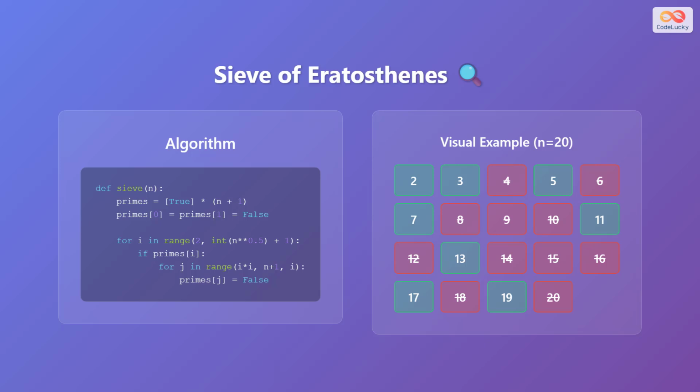Next, for each number i from 2 to the integer part of the square root of n plus 1, if primes at i is true, then for each j in the range from i times i to n plus 1 with the step size of i, we set primes at index j to false because it is divisible by i. A visual example: when n equals 20, 2, 3, 5, 7, 11, 13, 17, and 19 are prime and all other numbers are crossed out.